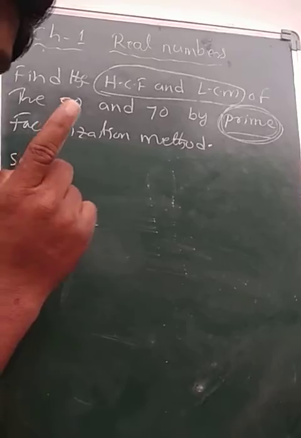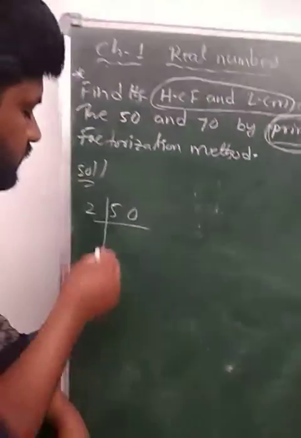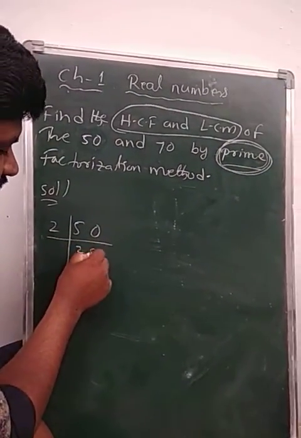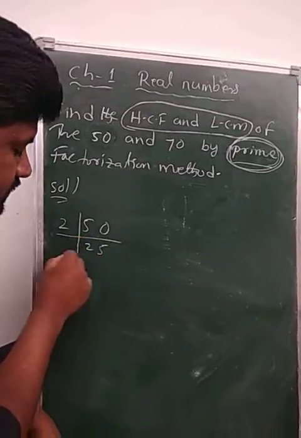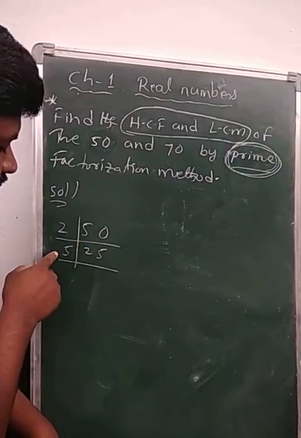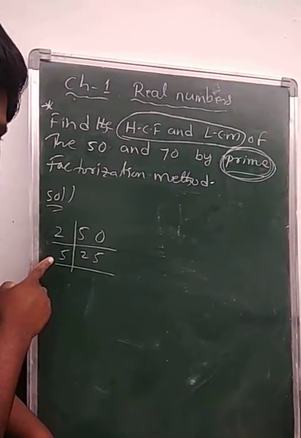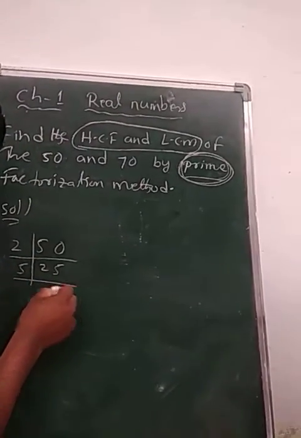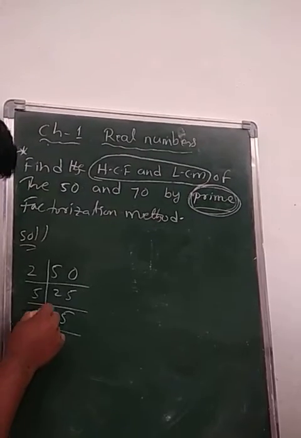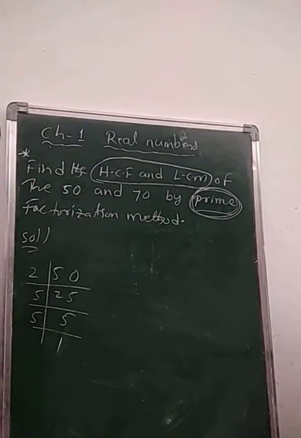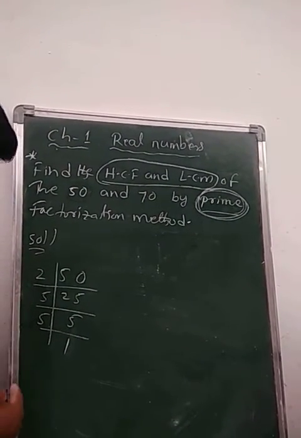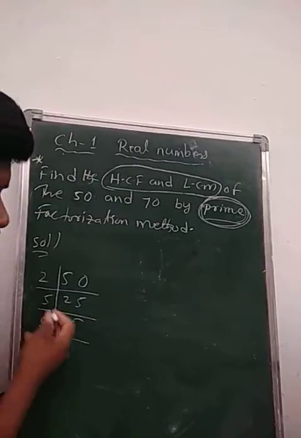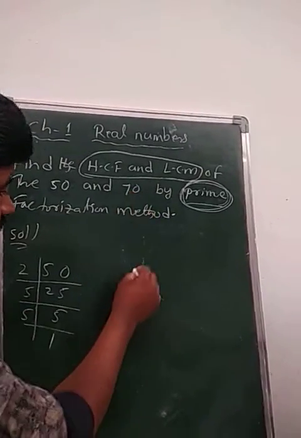I said now we must use only prime numbers. 2 twenty-fives are 50. I'm using the next prime number 5. 5 fives are 25 and 5 ones are 5. Okay. Clearly 2 and 5 are primes. I use primes only. And 70.